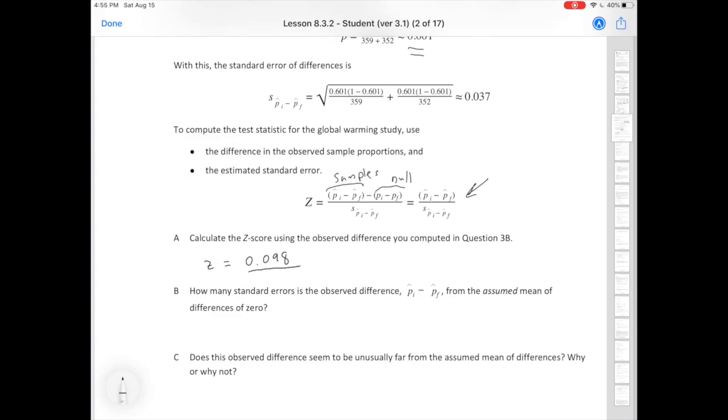And we're going to divide that by the standard error, which is 0.037. So what do we get when we subtract these? Sorry, not subtract, divide them. We do 0.098 and we divide it by 0.037. We end up with 2.65.